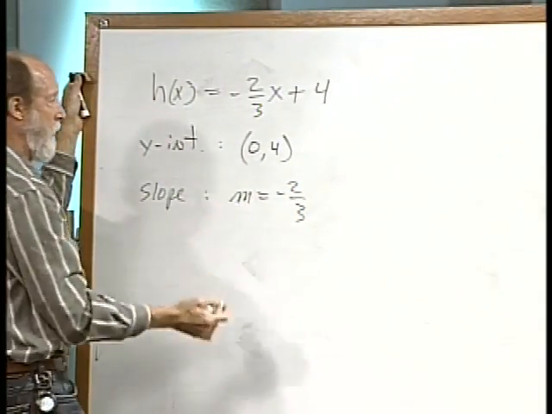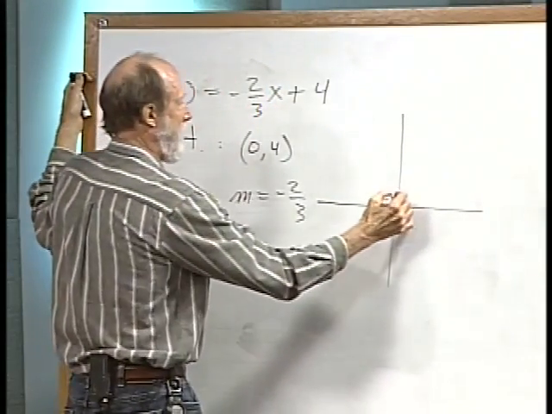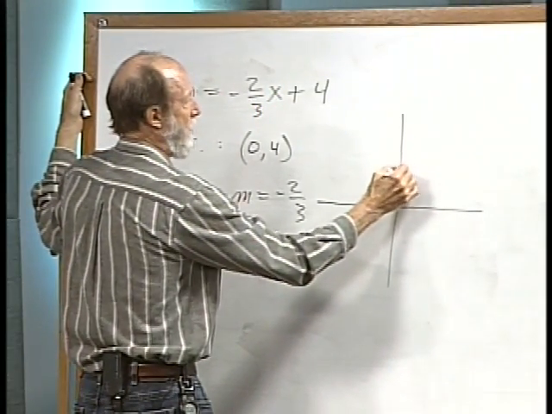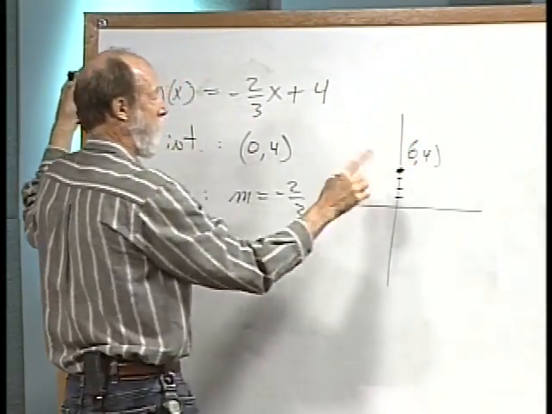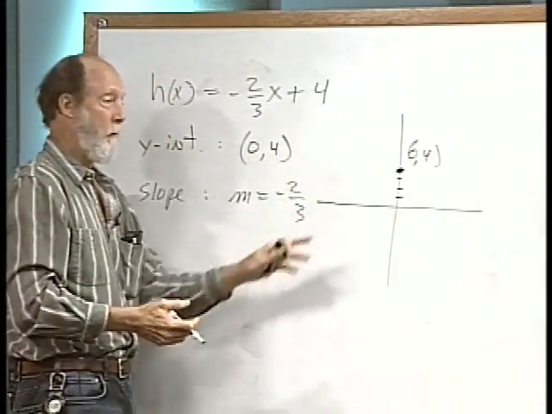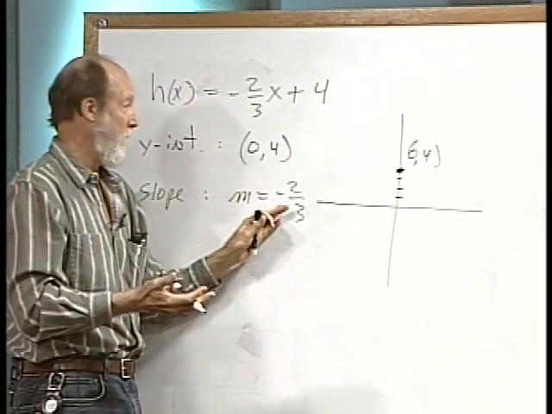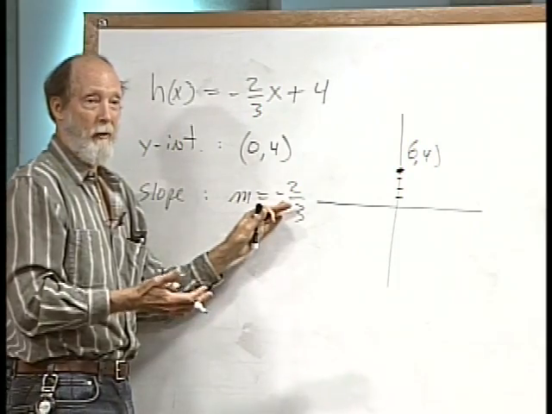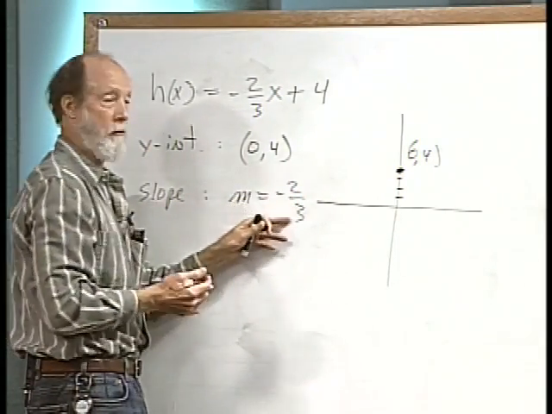So with that information in mind, we could draw a sketch of this. We have to have a point to draw a linear function to get started, and then from that point, we essentially stair-step our way using the defined criteria for slope, change in y over change in x.